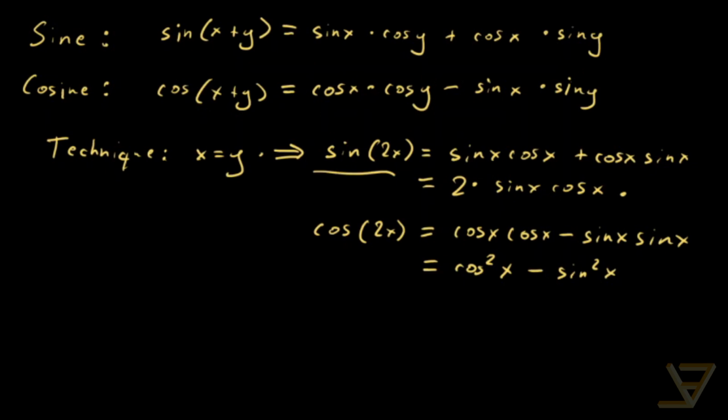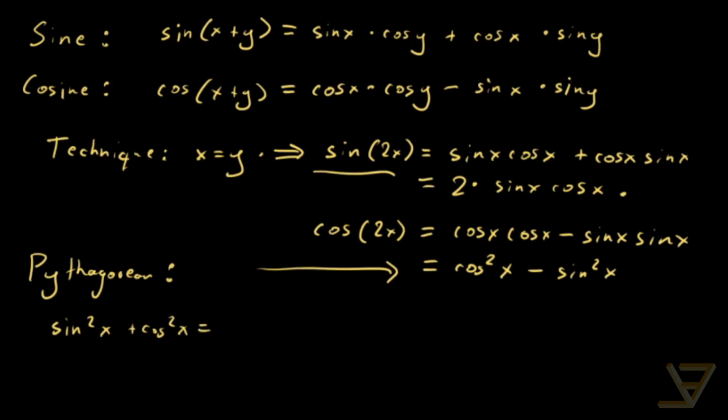But because of these squares, we can apply the Pythagorean identity. What it says is that sine square x plus cos square x is equal to 1.